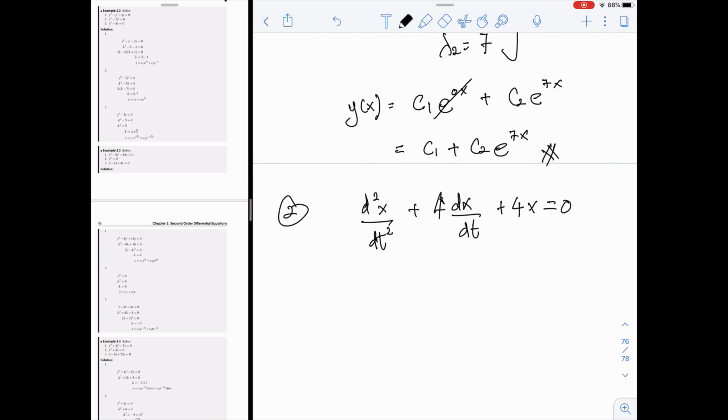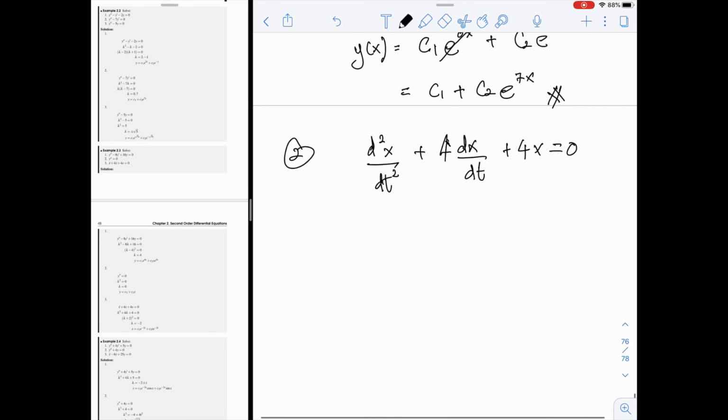So it's a similar technique. What you need to do as the first step is transform into the characteristic equation, and then set it equal to 0.